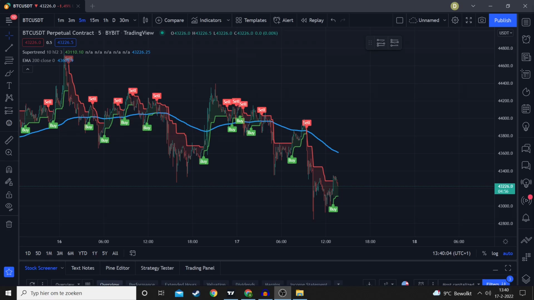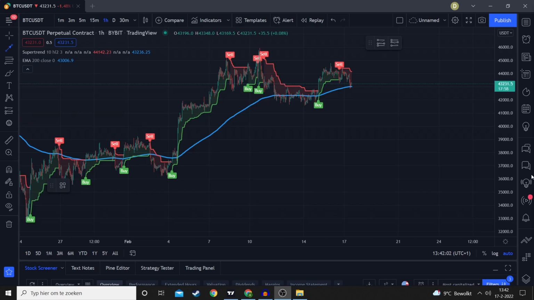The ATR is the average true range, and it is indicated by the red and the green lines shown here. This is the green average true range, and this is the red average true range. The nice thing with the ATR in place with the Supertrend is that it will give entries based on the volatility and the momentum of the trend.